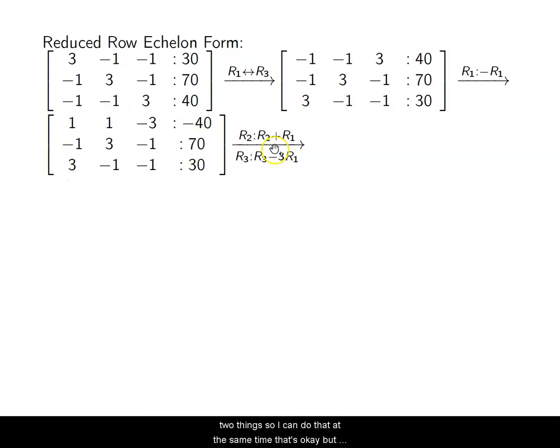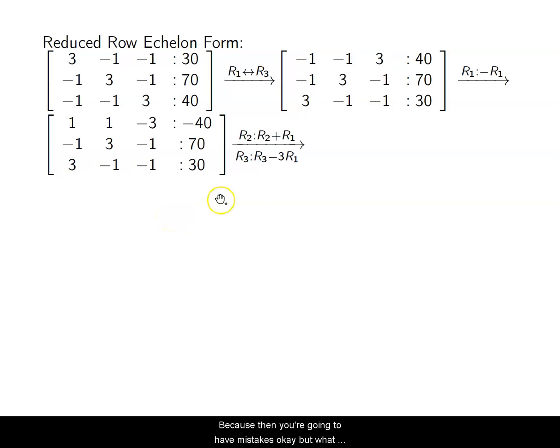So I can do that at the same time. Okay, that's okay. But what you don't want to do is, let's say, swap rows and multiply by negative at the same time. Or do swap rows, multiply by negative, and then a multiple of another added to another row at the same time. You don't want to do too many things, because then you're going to have mistakes.